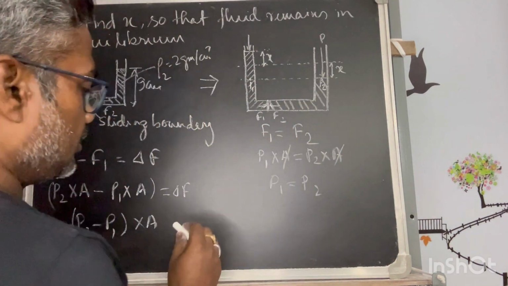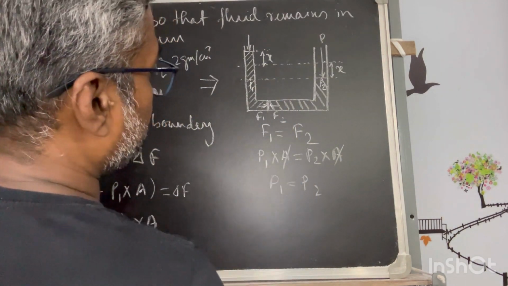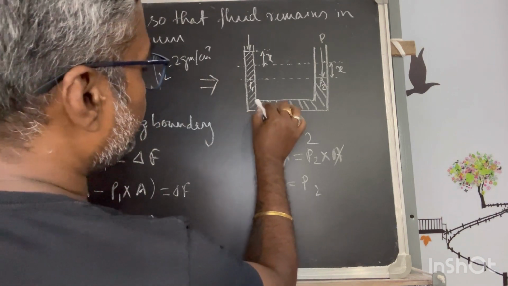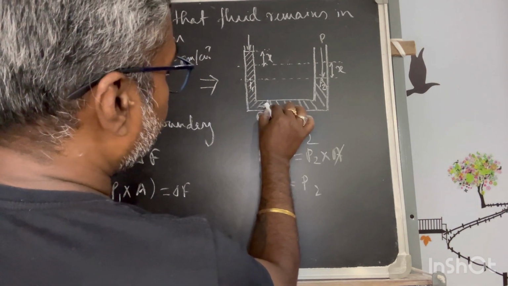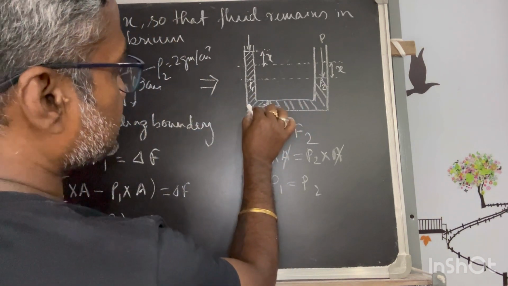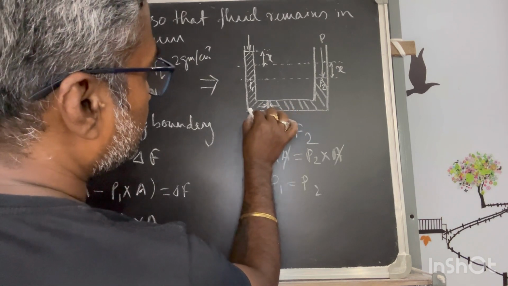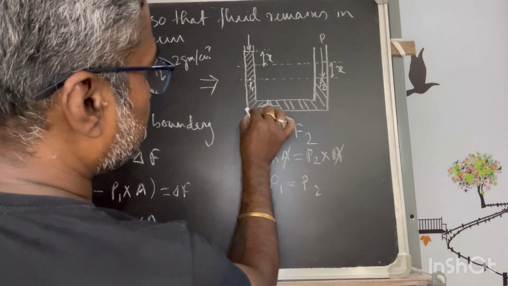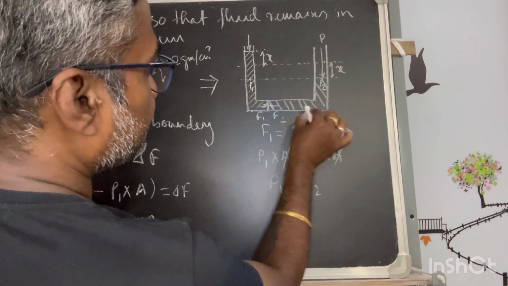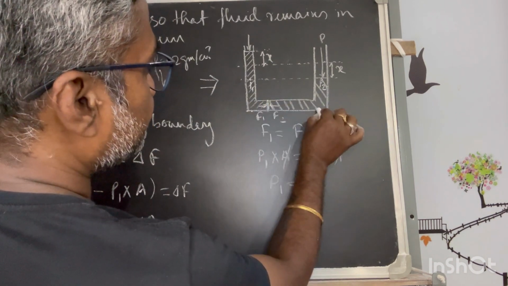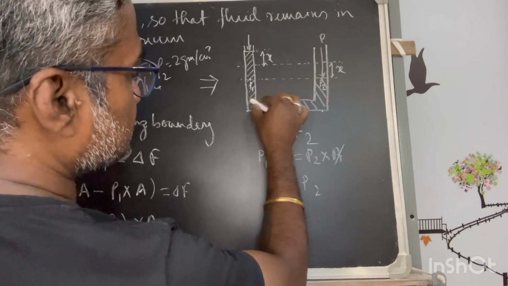Now it is okay. Now if it is P1 and P2, so what is the pressure here? If I consider the bottommost point, this will be the same pressure that will be transmitted this side.